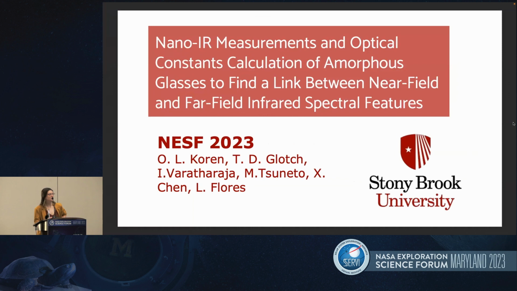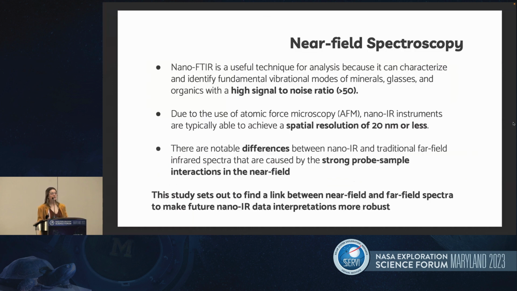All right, I'm going to jump right into it. Near-field spectroscopy is a useful technique because it has a high signal-to-noise ratio and a small spatial resolution, which can produce really easy analysis of mineral identification and organic identification.